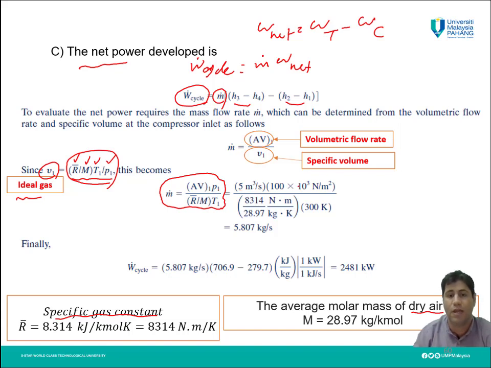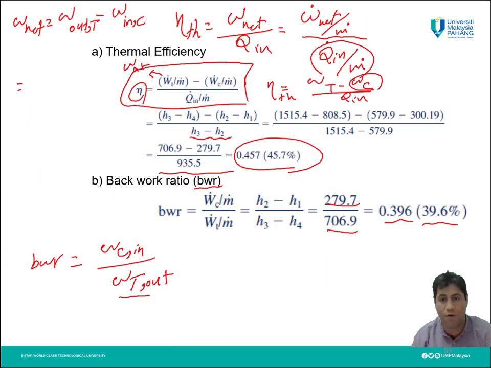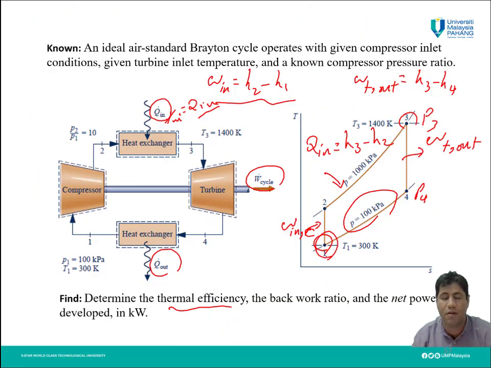Pressure at state 1 is 100 kilopascal, or 100,000 Newton per meter square, divided by R. As I said, we have R. The molar mass M of dry air also comes from table A1. These are properties from table A1. So we substitute R, M, and T1, which was given as 300 Kelvin for state 1. All of these are about state 1.